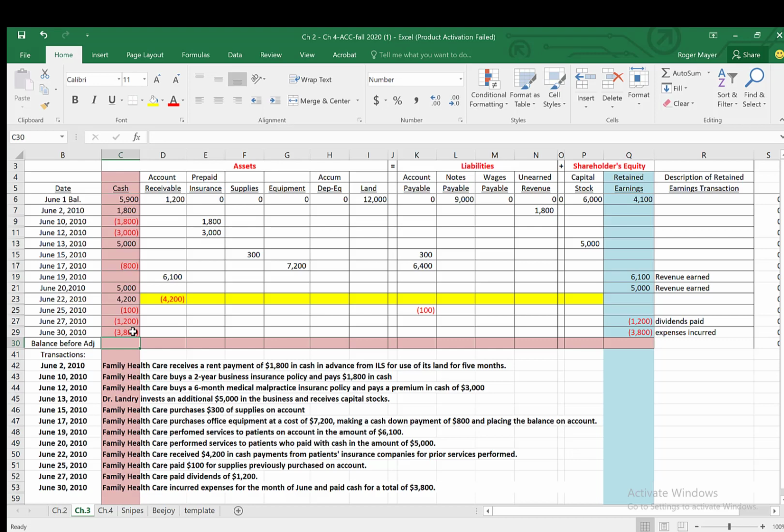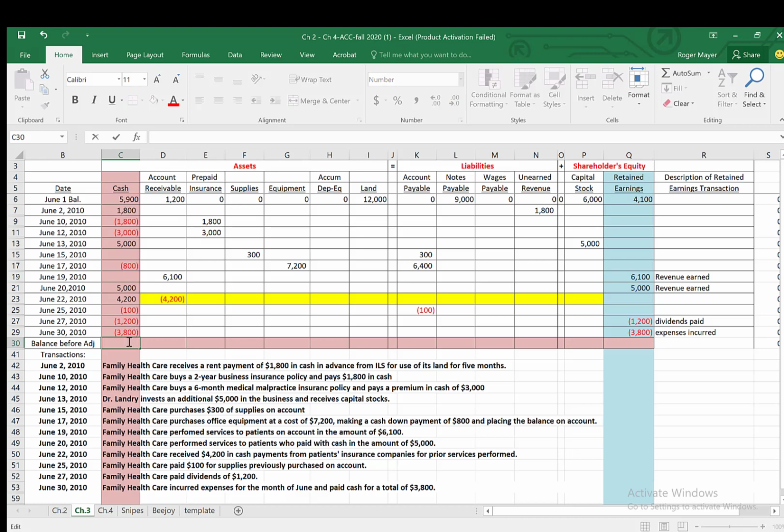What we're now able to do is determine our balances prior to our adjusting entries. In our next video, we'll talk specifically about the adjusting entries, but before we do this, this essentially is our trial balance. Once we do the adjusting entries, we have an adjusted trial balance, but at this point, we're looking for the balances.